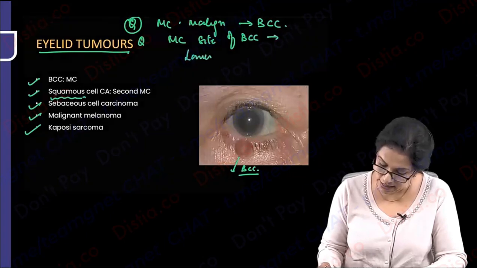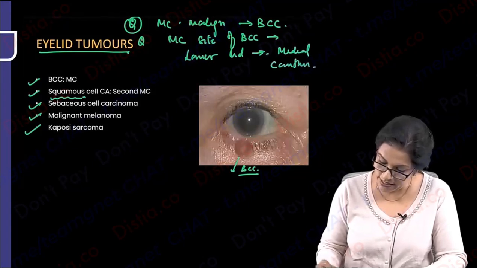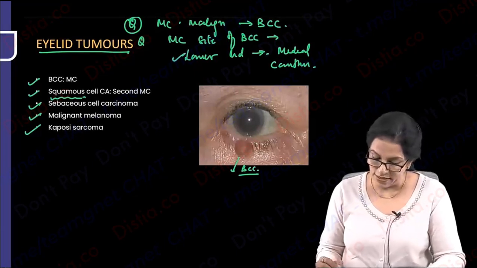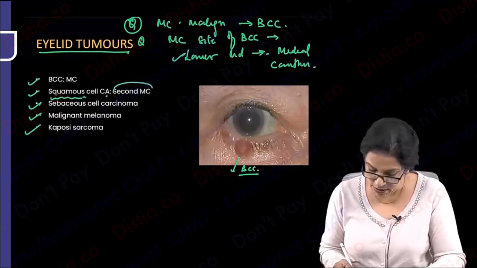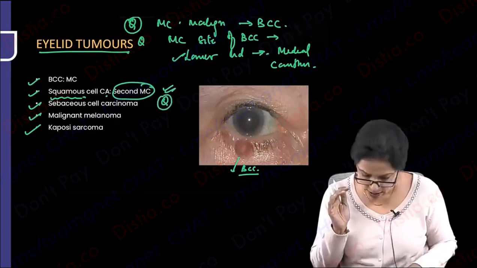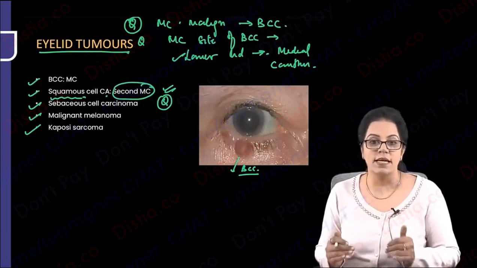You will first say lower lid and then medial canthus. So the first answer is always lower lid and then medial canthus. Okay, the second most common malignancy is squamous cell carcinoma.